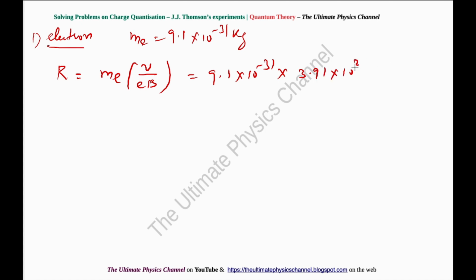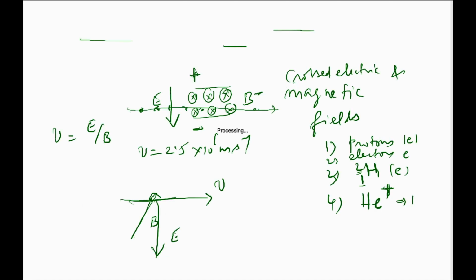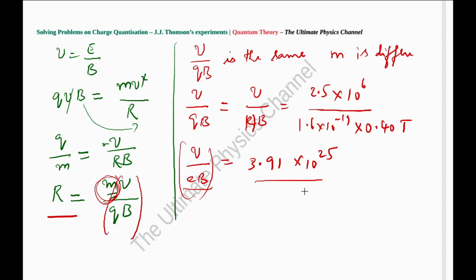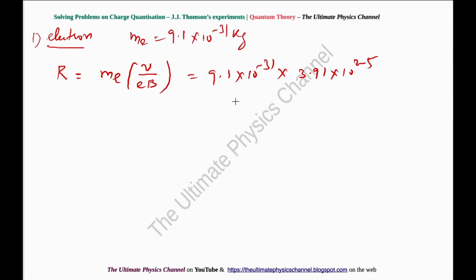In the previous page we have done that calculation, right? So that we are multiplying here and getting the R value directly. So if the calculation is performed for the electron, that would be 3.56 × 10^-5 meters. So this is for the electron.